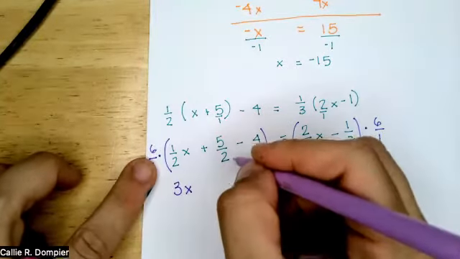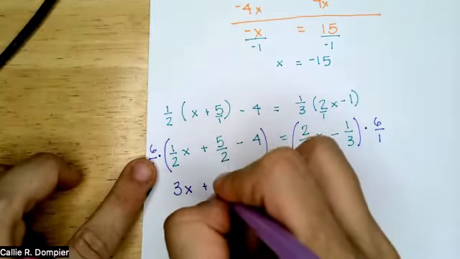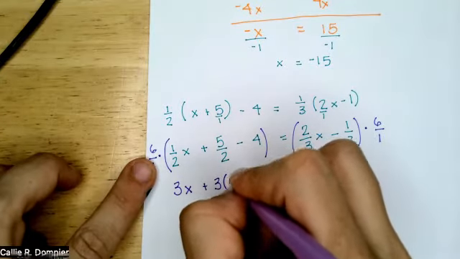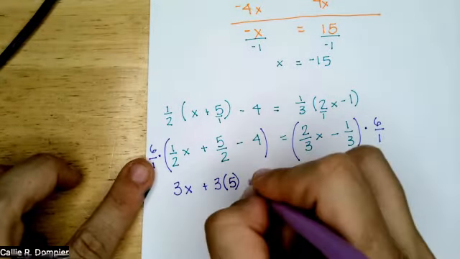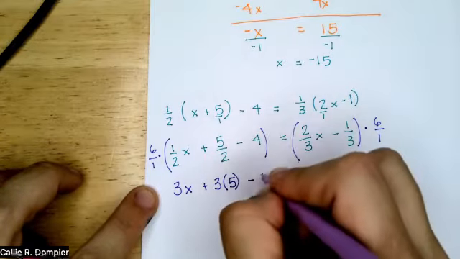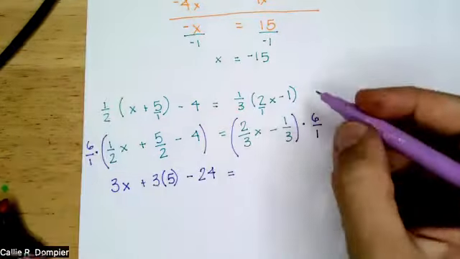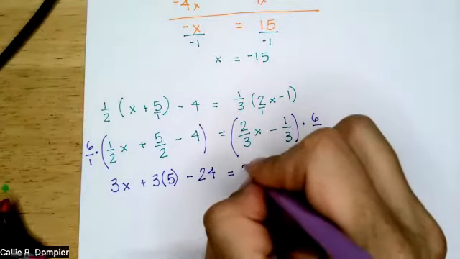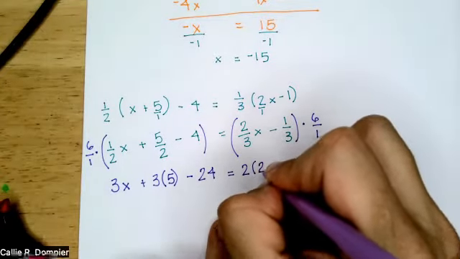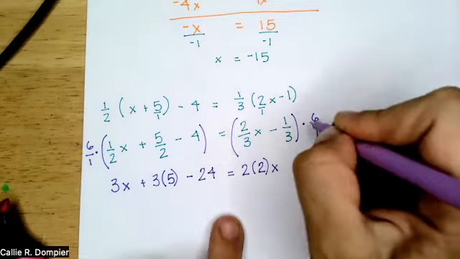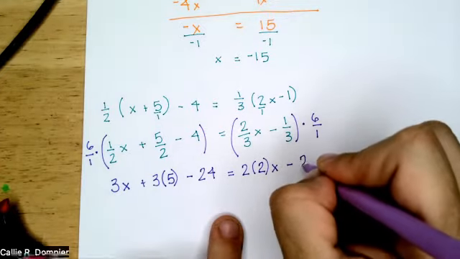Here, 6 divided by 2 is 3 times that original 5. 6 times 4 is 24, and it's a negative. 6 divided by 3 becomes 2 times that original 2. 6 divided by 3 is again 2.